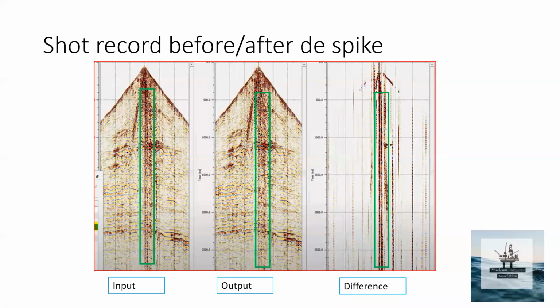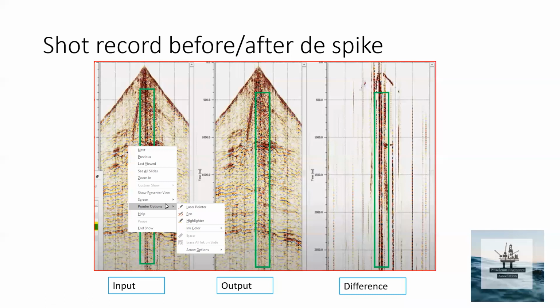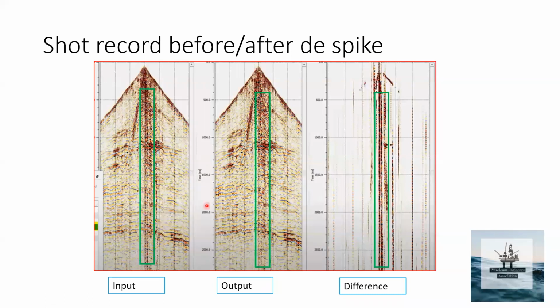Then the workflow does a comparison inside the window. So this window consists of 21 traces. We get the median, which equals 6, and compare it with the first trace.